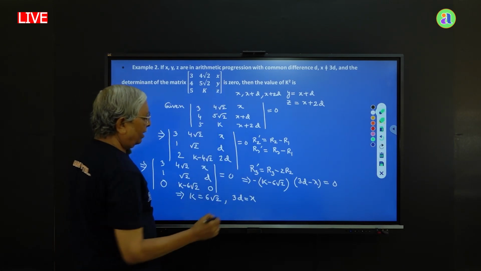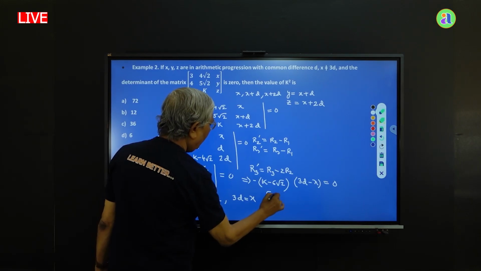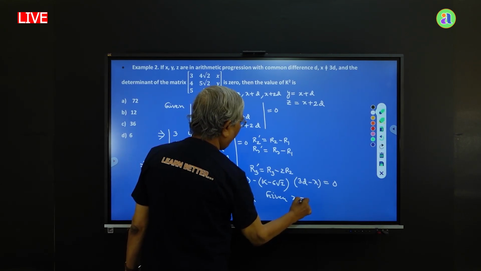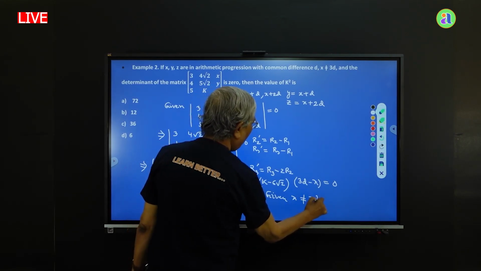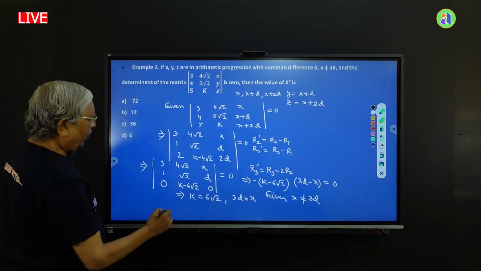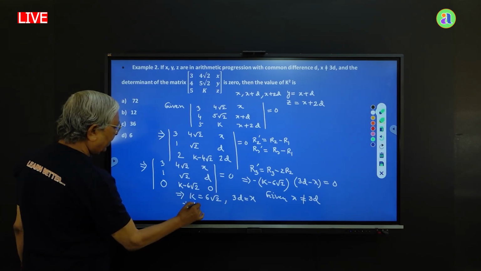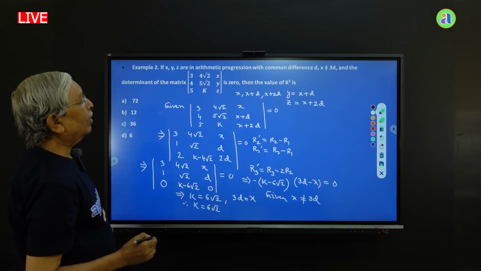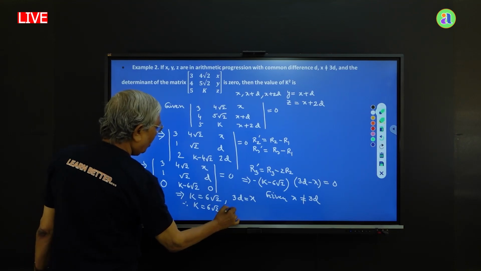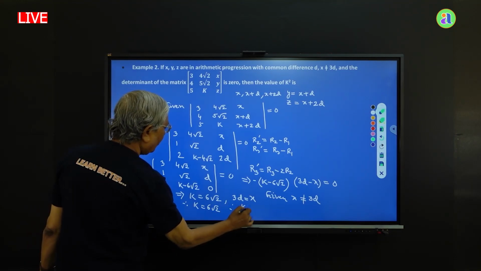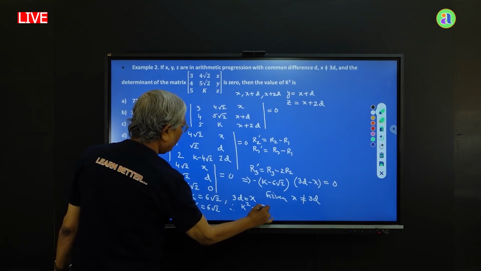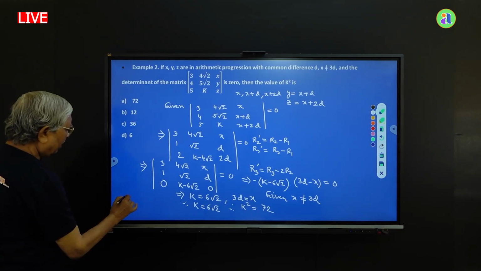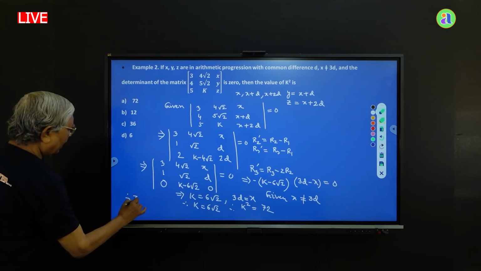But it is given that x is not equal to 3d. Therefore, we can write k is equal to 6 root 2. Now what do we want? We want the value of k square. Therefore, k square equals 72. So the correct option is A.